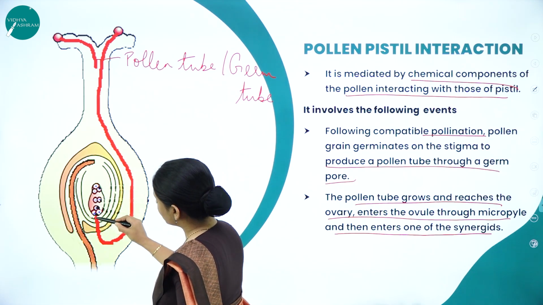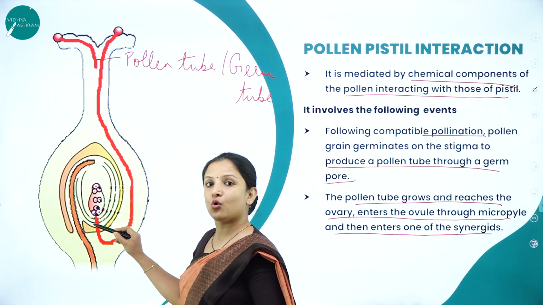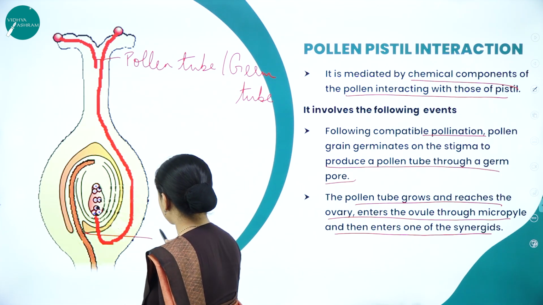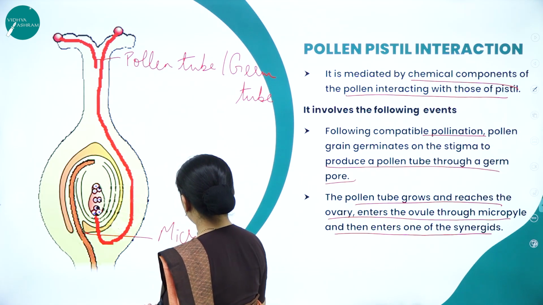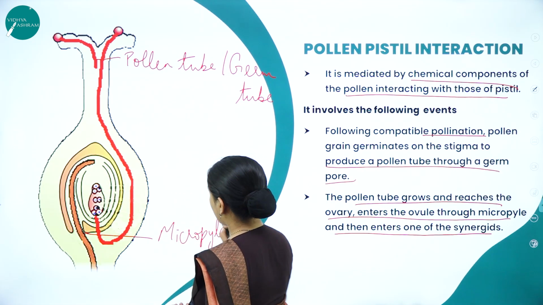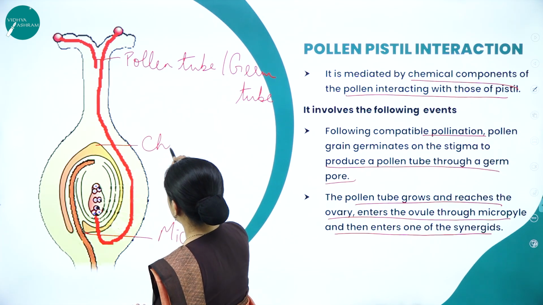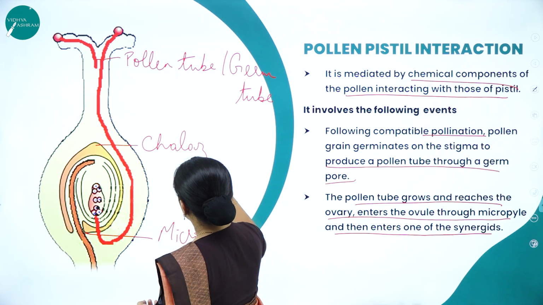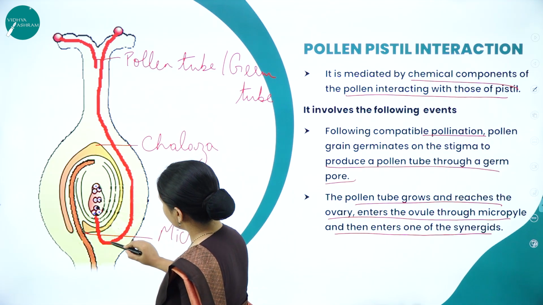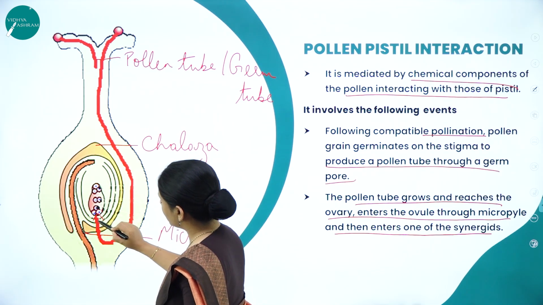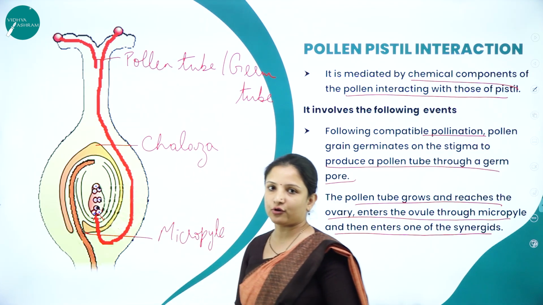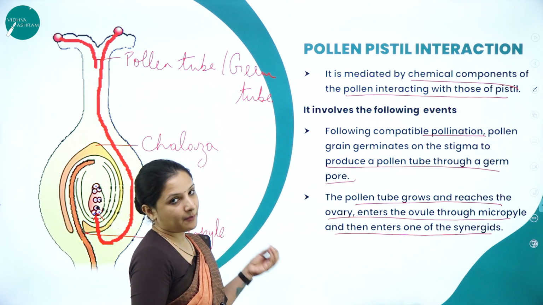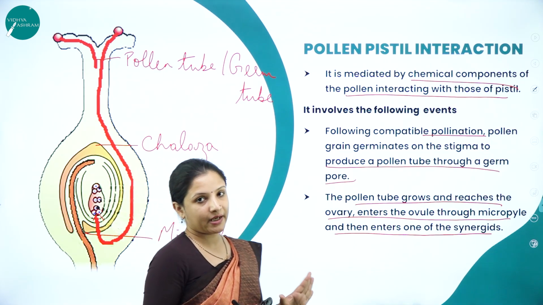The pollen tube will enter through the micropyle, that is the opening. So this is the micropylar end, micropyle, and this is the chalaza. Now it will enter and deliver the male gametes towards the micropylar end. That is the compatibility. That is the pollen-pistil interaction.